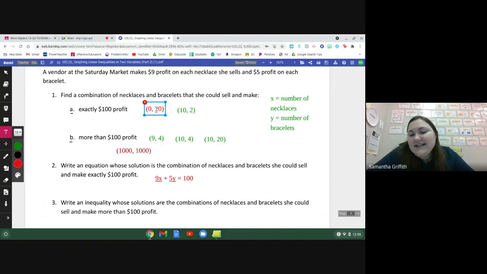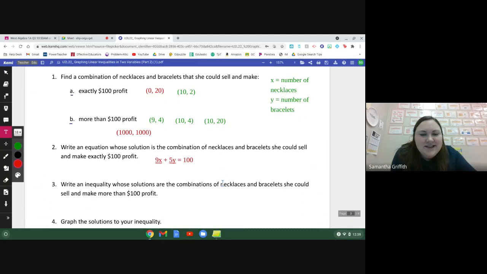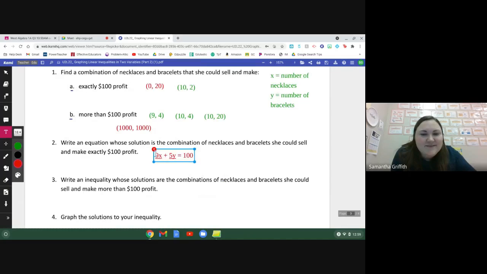I could test it by replacing x with 0 and y with 20, and making sure that the math works out to equal 100. Same thing with 10 and 2, which it does. So we've got our equation here. That equation describes how many necklaces and bracelets she could sell to make exactly $100.